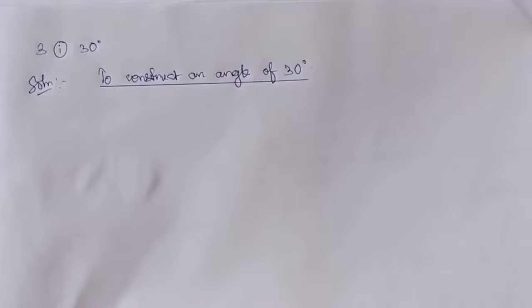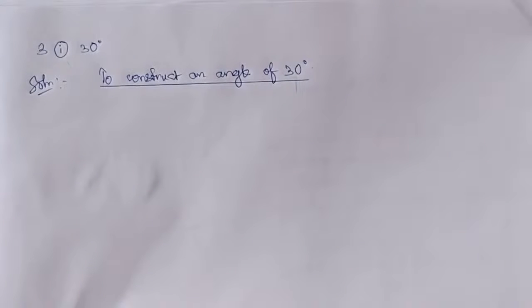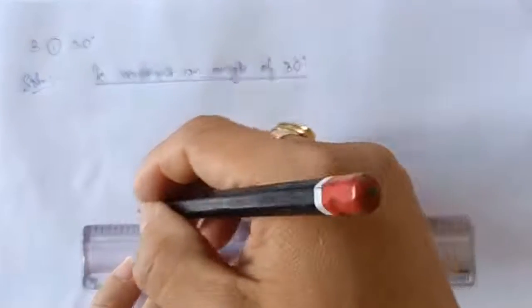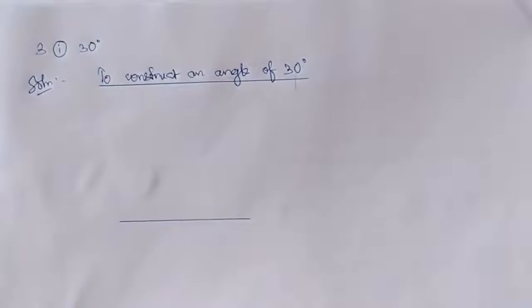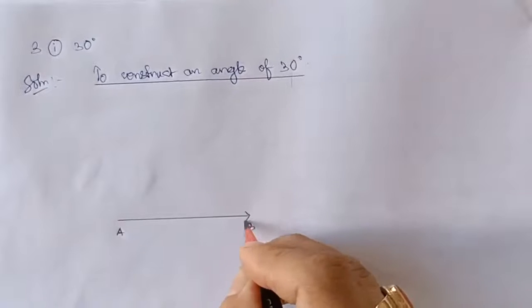Next, exercise 11.1, question number 3. We are asked to construct an angle of measure 30 degrees. In Roman number 1, we are going to construct an angle of measure 30 degrees. So for that, we are going to first draw a ray, say suppose ray AB.